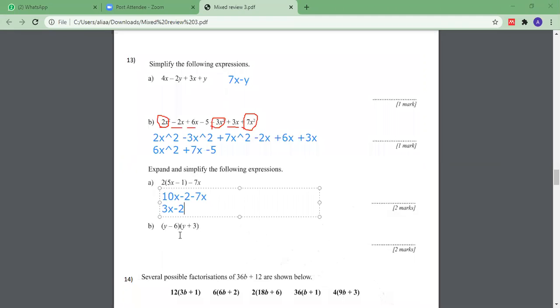And here, expanding two brackets, I will multiply first y power 2 plus 3y, and then negative, then I will write negative 6y minus 18.